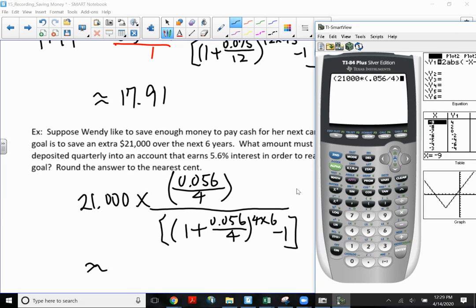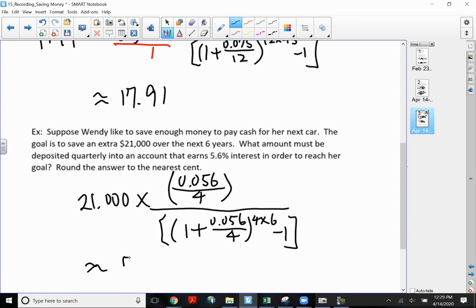Close parenthesis for the division. Close parenthesis for the entire numerator. Divided by, open the bracket. Open the parenthesis for the 1 plus 0.056 divided by 4. Close parenthesis for the 1 plus, raised to the 24 power. Then minus 1. Close the bracket. $742.27 quarterly.